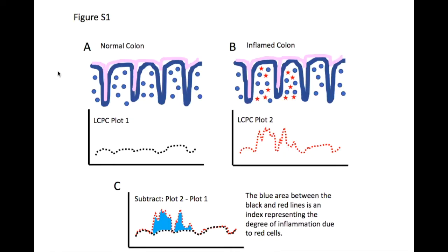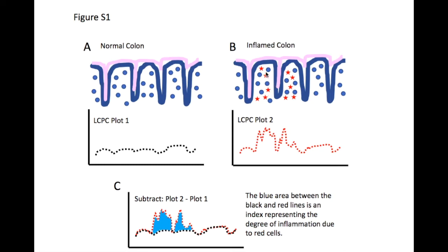One last thing I want to point out is the extra usefulness of the LCPC for quantifying changes in spatial arrangement. This is a cartoon of the lining of the colon, and oftentimes there are many ailments in which there's extra inflammation, infiltration of immune cells in the lining of the colon, and the LCPC can serve as an index to quantify the degree of this infiltration.